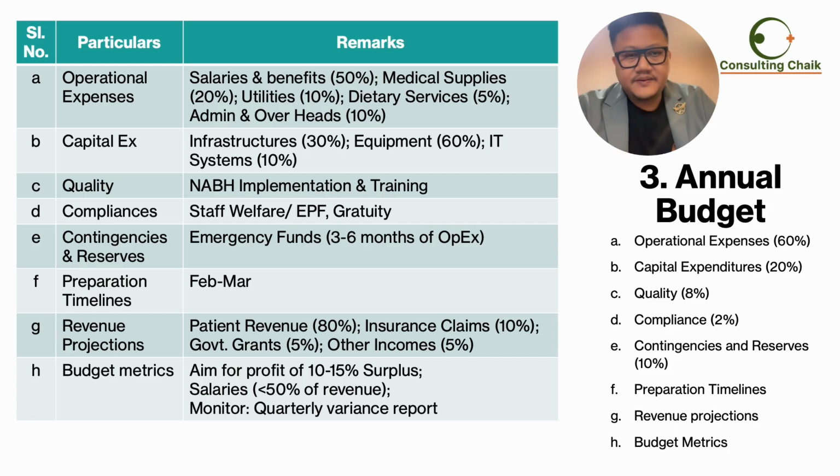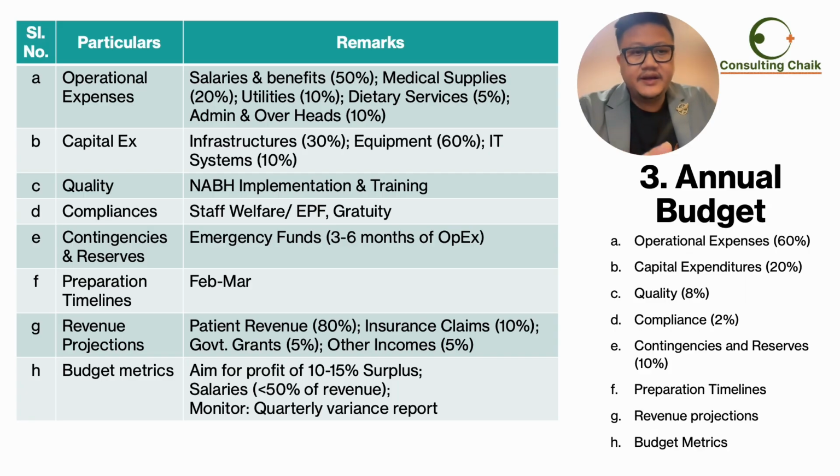Then capital expenditure. This is not the capital expenditure that we do initially, but a capital expenditure that we have to do from time to time in terms of infrastructural development, in terms of certain equipment that we need to procure, in IT systems. When we need to add certain modules, we need to upgrade the IT system. Those are all under capital expenditure.